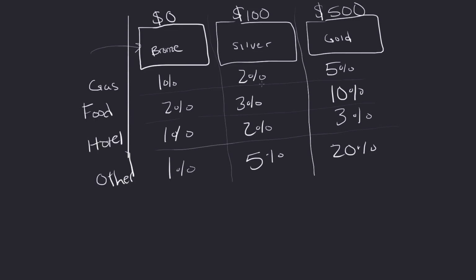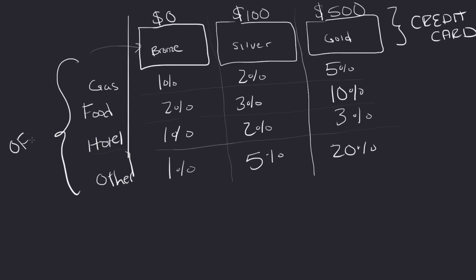And I just kind of go through this table. If I have a gold credit card and I buy some hotel, I'm going to get 3% cash back. It's the interaction of two objects. So object number one is the credit card, and object number two is the actual offer type that we're dealing with.